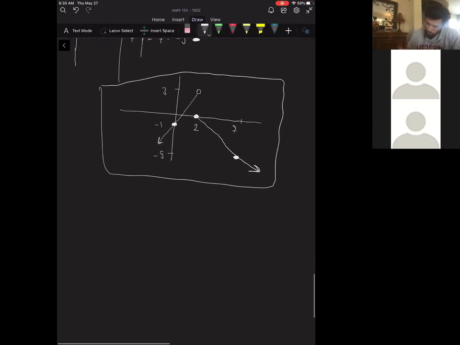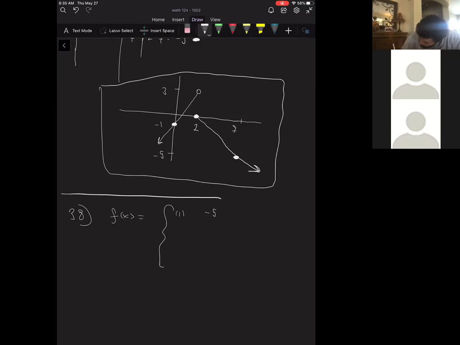Let's do one that has 3 equations. So the first equation is minus 5x minus 8, and that's for x values less than minus 2.